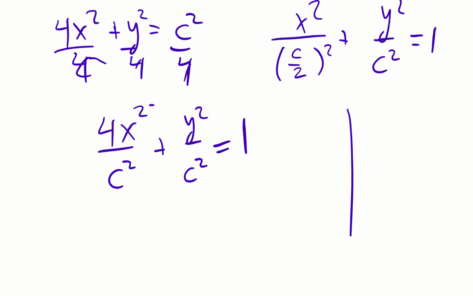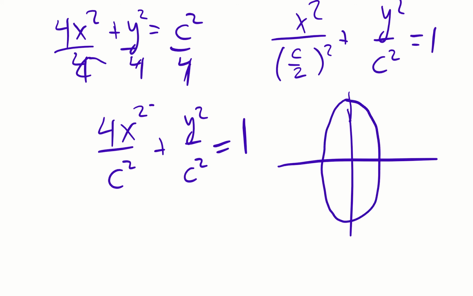So for fixed values of c, we're going to get an ellipse. c over 2 is less than c, so the major axis would be vertical. In other words, this would be an ellipse that would be longer than it would be wide. This would be centered at (0, 0), by the way.